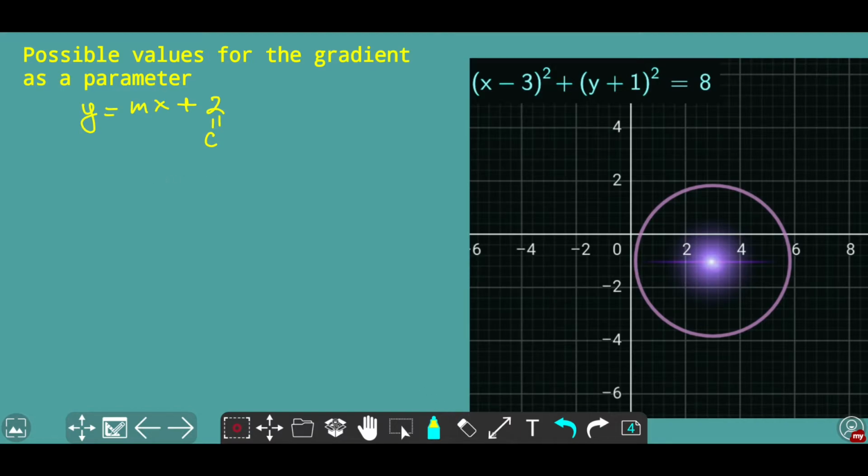So let's set up our straight line that goes through 2, and this is going to be C, the y-intercept, and we are going to explore for which value of m we might have intersection with the given circle. So the equation of the circle is still the same, centered here with the radius square root of 8, and right now I'm just going to explore.